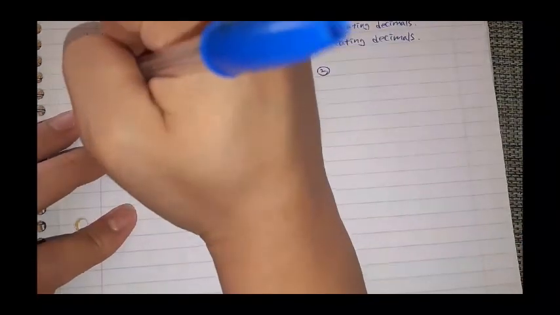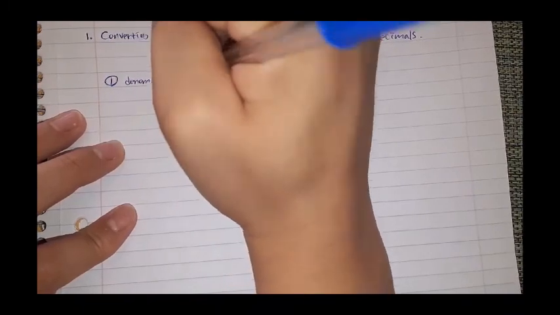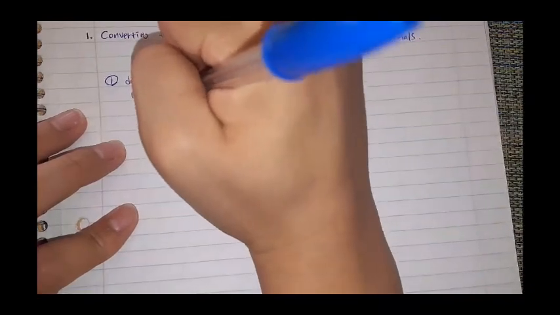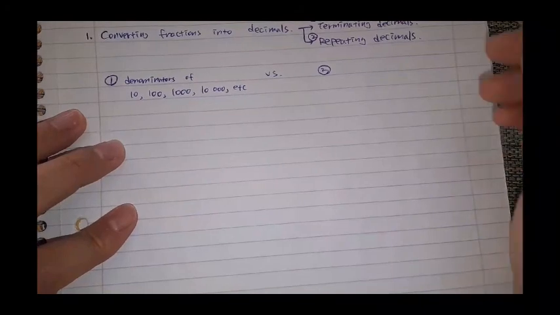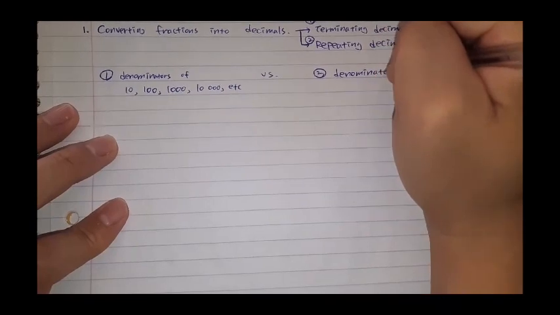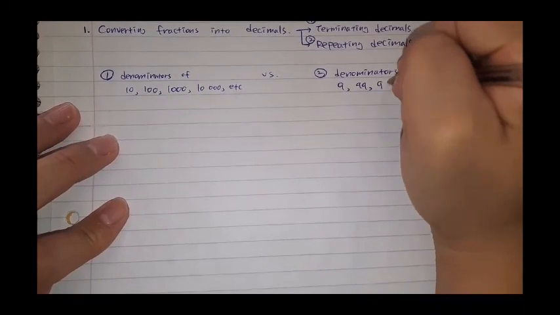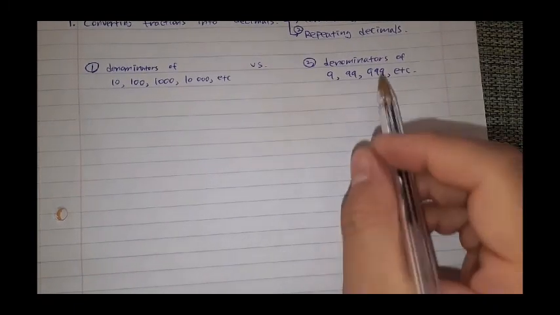Terminating decimal generally have certain denominators of 10, 100, 1,000, 10,000, etc., etc. When it comes to repeating decimal, you generally have denominators of 9, 99, 999, etc., etc. And what number they repeat for repeating decimal is involved with the top number.